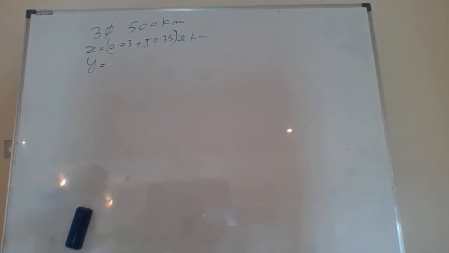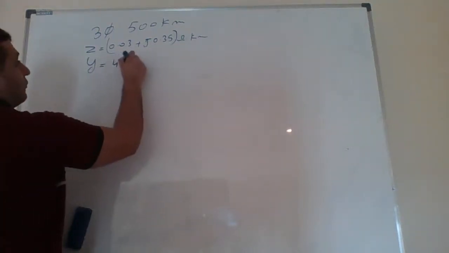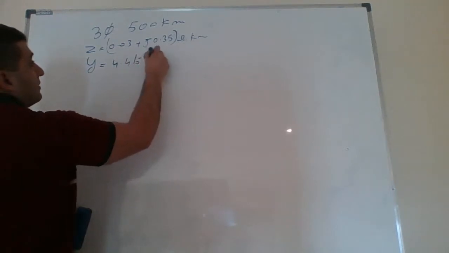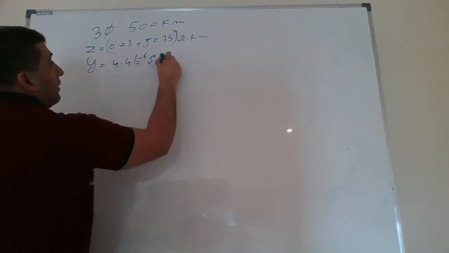Y is given to be j4.4 times 10 to the minus 6 Siemens per kilometer.